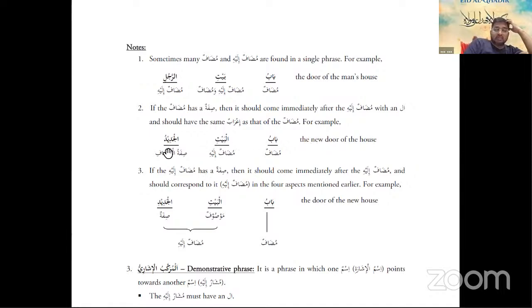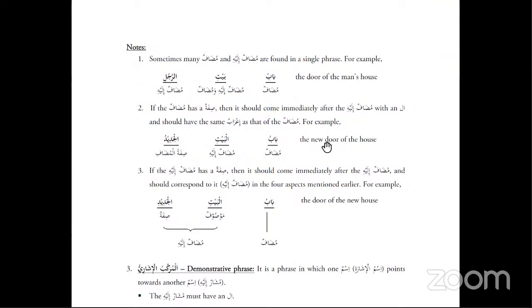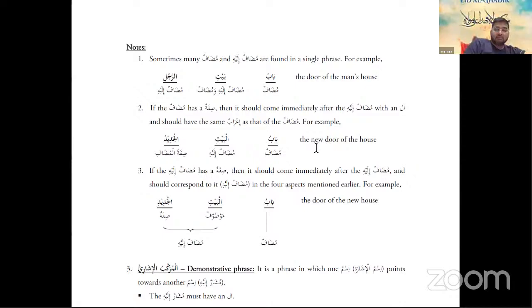So al-jadidu is an adjective for the door, and the ruling is that whenever you want to bring the adjective for the mudaf, the noun which comes as an adjective would have alif lam, al-jadidu. Can you see here the new? In English, whenever an adjective comes, it always comes before the noun which it is describing.